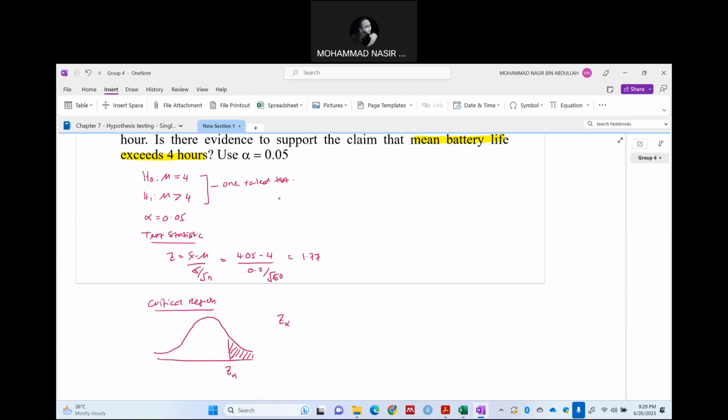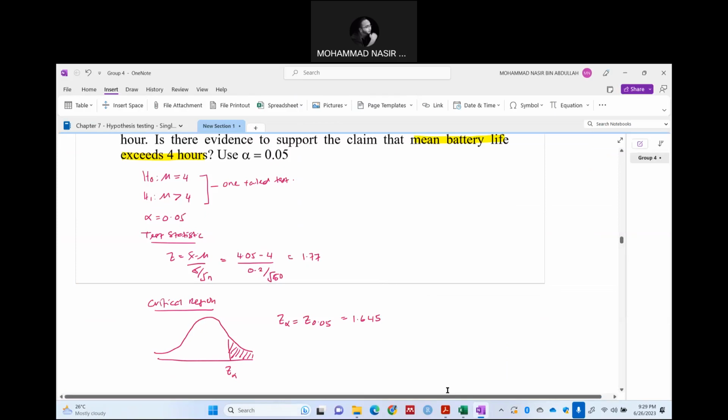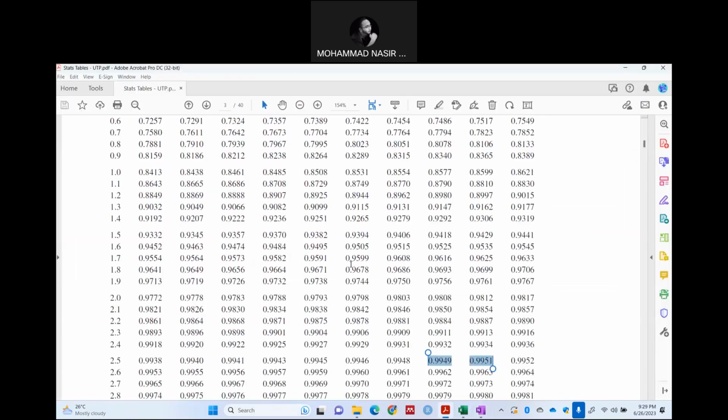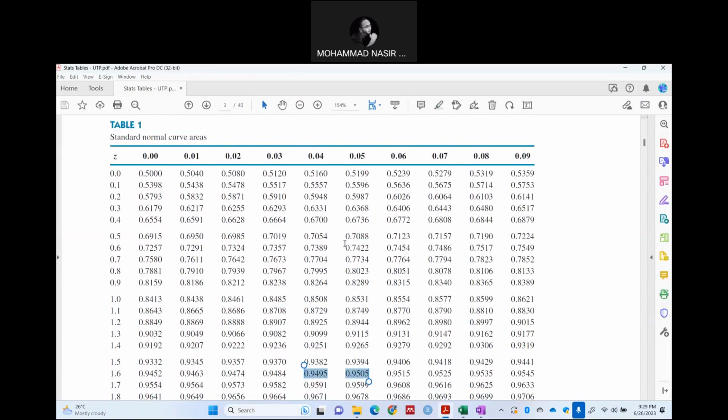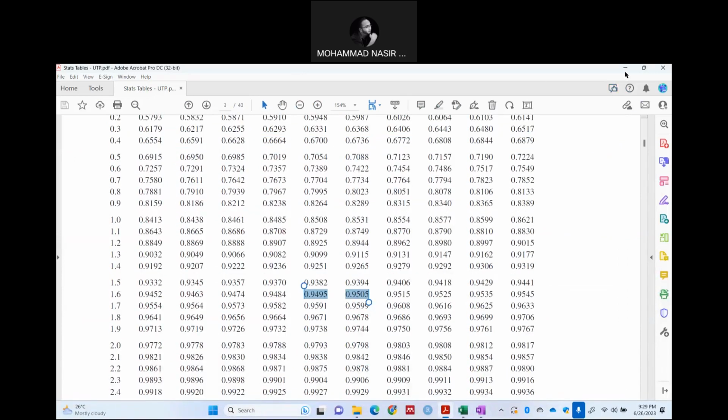So Z alpha is equal to Z 0.05, which is 1.645. By looking at the statistical table, 1 minus 0.05 should be 0.95. So look at 0.95. It should be somewhere here, between 1.64 and 1.65. It should be 1.645.